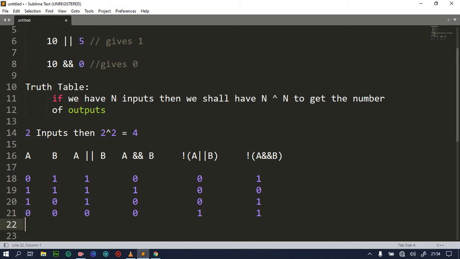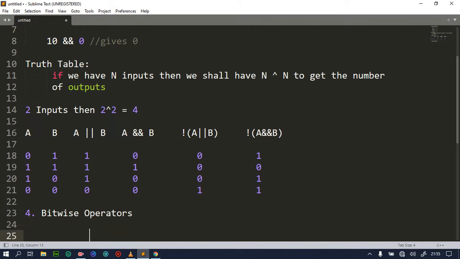Now in the next bit, I think that was number 4, let's try to look at some special operators which are called bitwise operators. Now these ones are not so common in our usage, but it doesn't harm if we talk about them in this case.